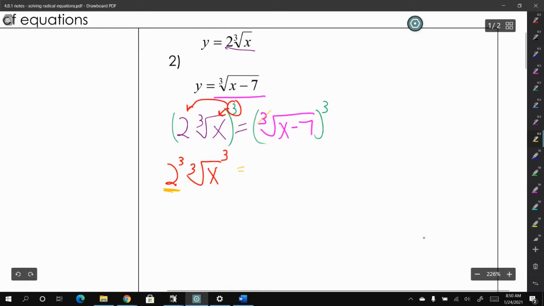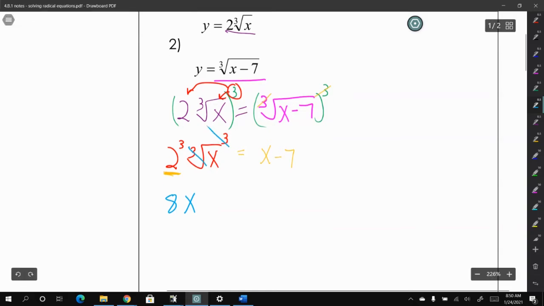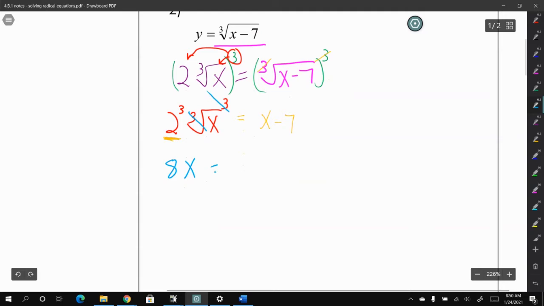And that equals, well, these will cancel. So you're left with x minus 7. Well, 2 to the third power is 8. Third root of x to the third power is this x. So we have 8x equals x minus 7. We'll then subtract x from both sides.